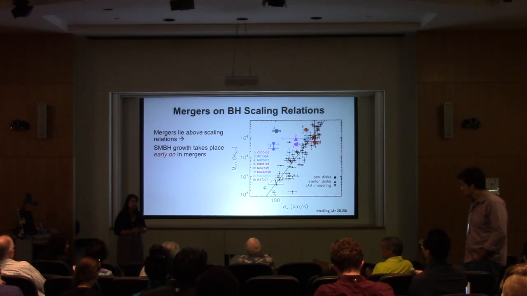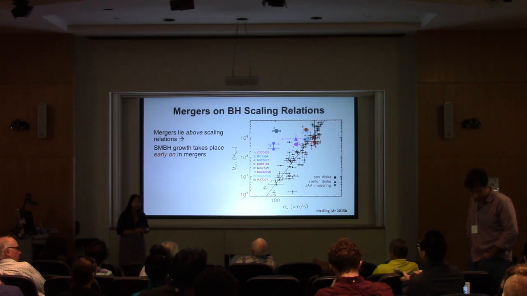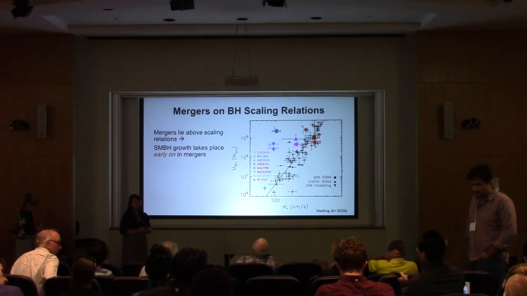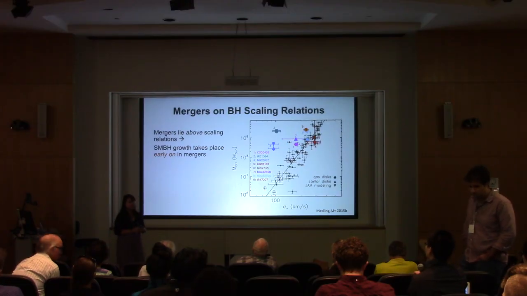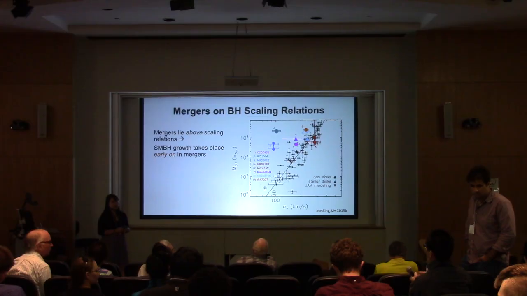I mean, for other ULIRGs, there might be not. The growth is very ineffective. What do you mean? So the e-folding time is the Hubble time, so it's very ineffective. Right. So it's quite in contradiction with what you said.